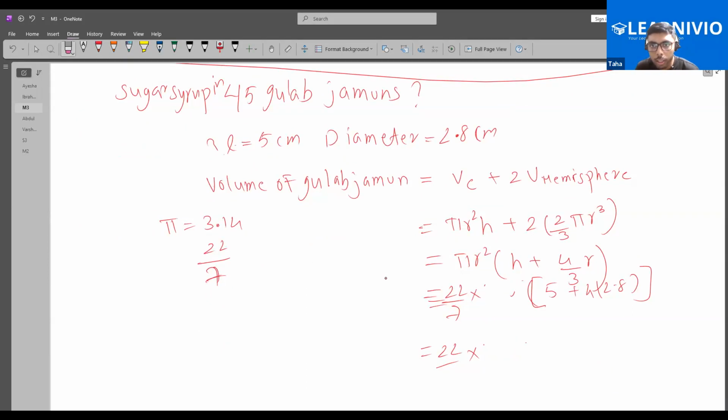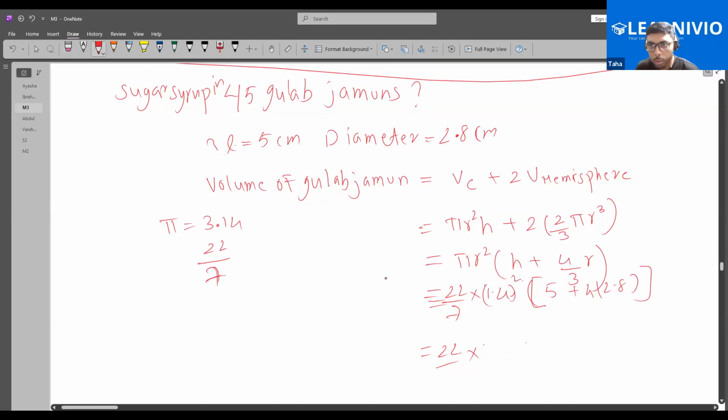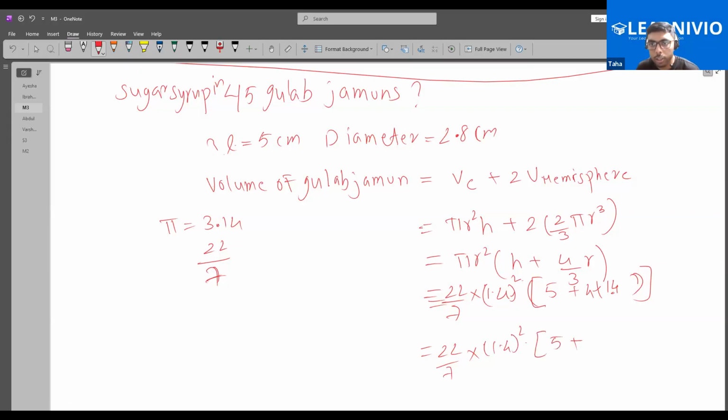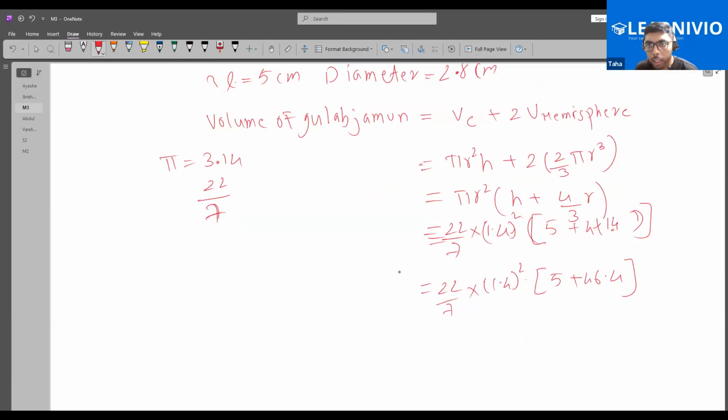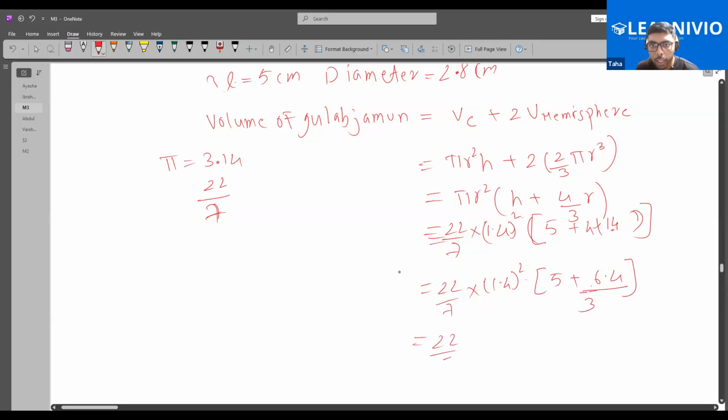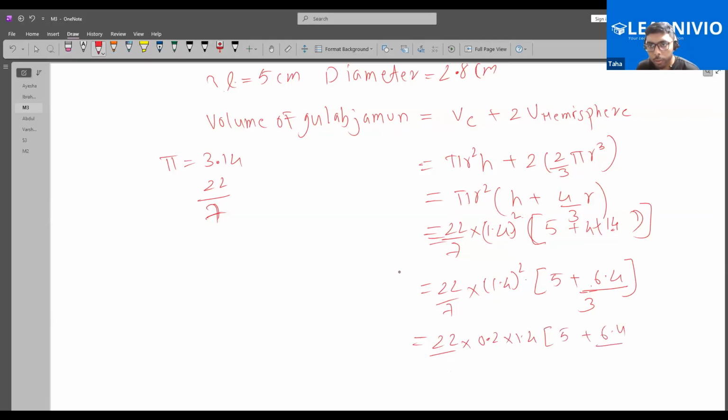Thank you for that correction. So 22 by 7 into 1.4 whole square into 5 plus 4 by 3 into 1.4, which is 6.4 and so on.